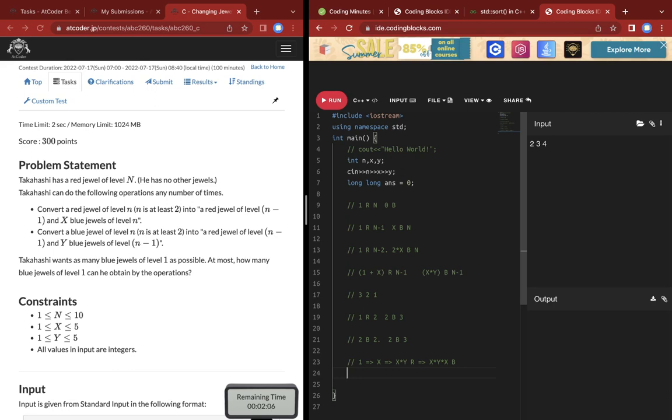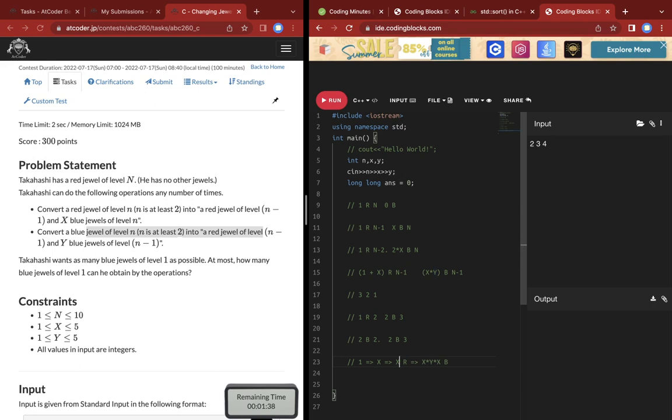At each point the level is decreasing by 1. Oh wait, I just messed up. A blue jewel is creating only one red jewel, which is weird.